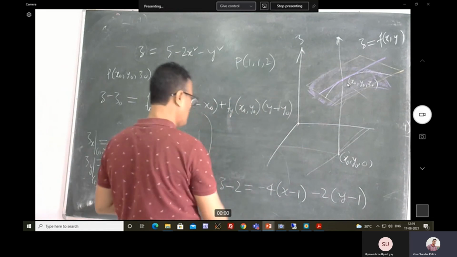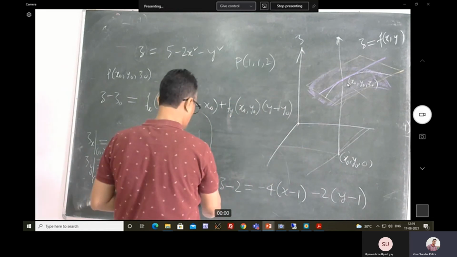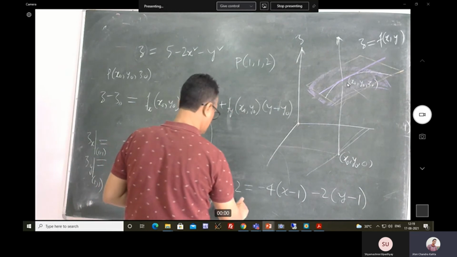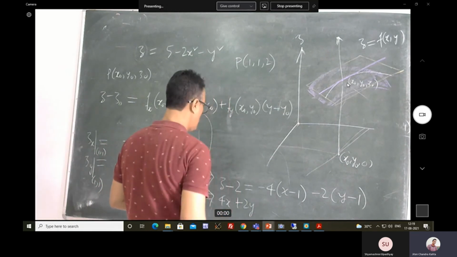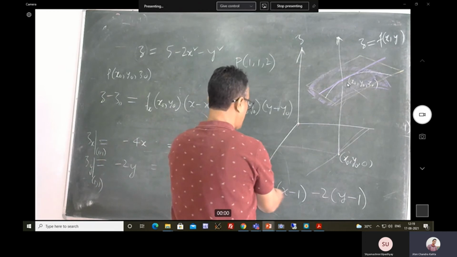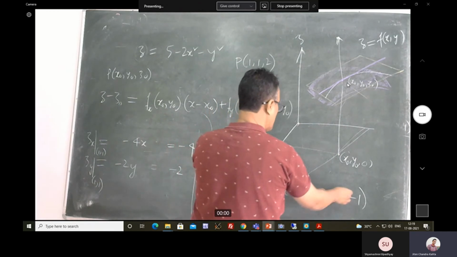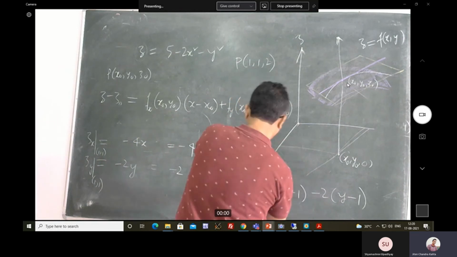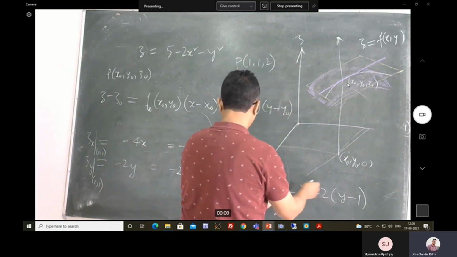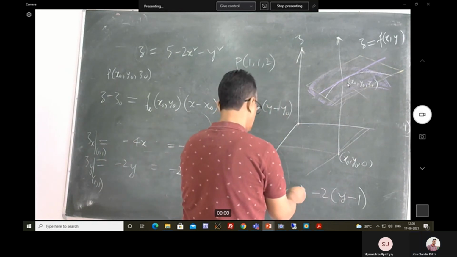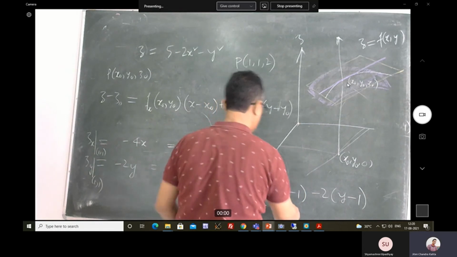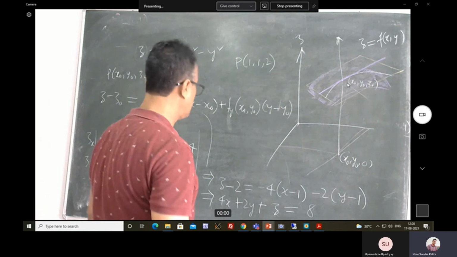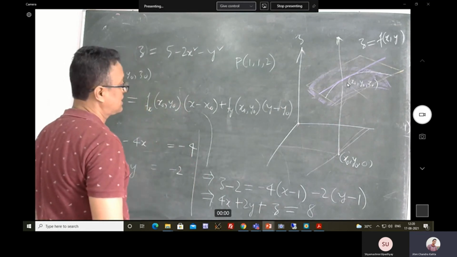Whatever comes out of this, if I take 4x plus 2y on one side, it is going to be plus 4 plus 2, that is 6, and of course z is already here. So 6 plus 2, if you bring this 2 to the right-hand side, it is going to be 8. So this is my equation of the tangent plane.